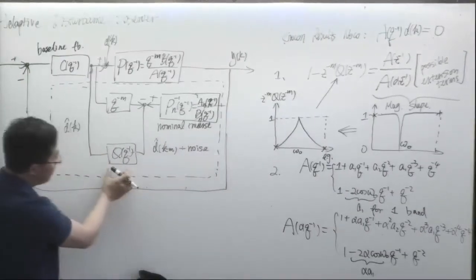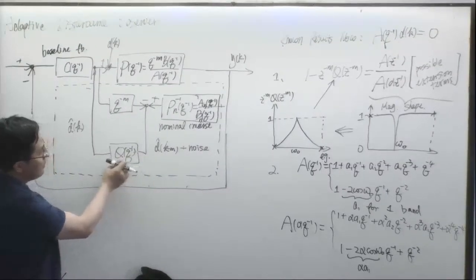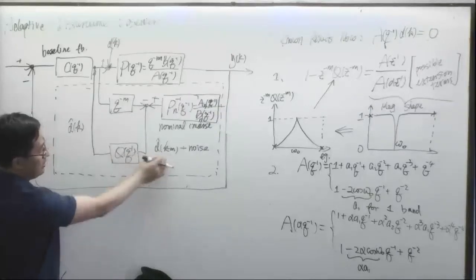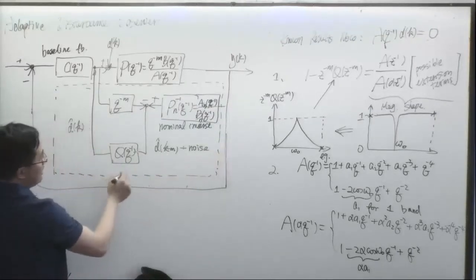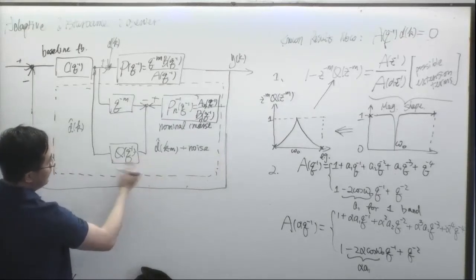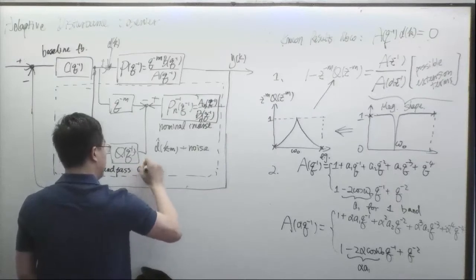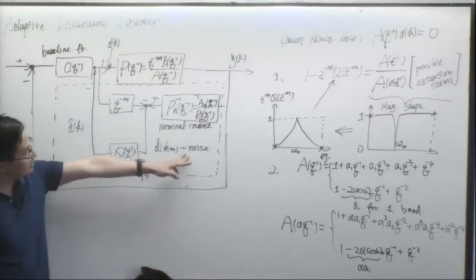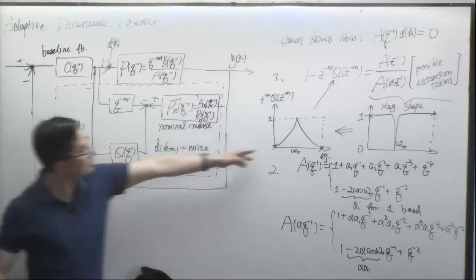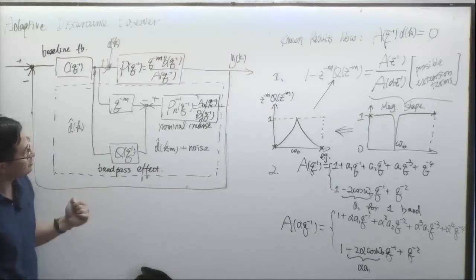We do this because we wanted to understand how intuitively this Q filter will process my disturbance estimate over here. And from here, we can see that it is going to act as some kind of bandpass effect. First of all, it's going to filter out the noises at other frequencies, especially low and high frequencies. So this has a bandpass effect.